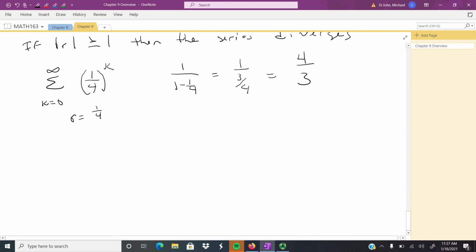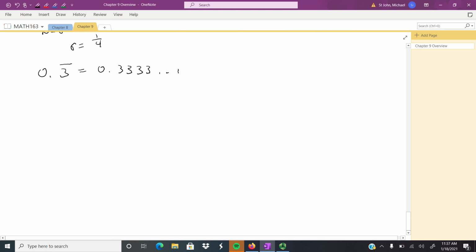They also talk about those repeating decimals, like 0.3 repeating, which would be 0.3333 dot, dot, dot. So I could rewrite this as 0 plus 0.3 plus 0.03 plus 0.003 plus so on, so on, so on.